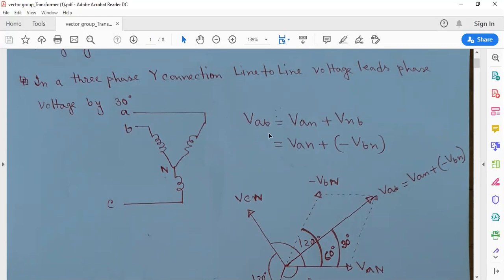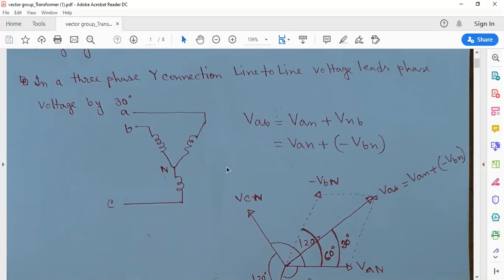Suppose VAB is a line-to-line voltage. It will be equal to VAN plus VNB, which is written here. What can we write about VNB? VNB is equal to minus VBN.